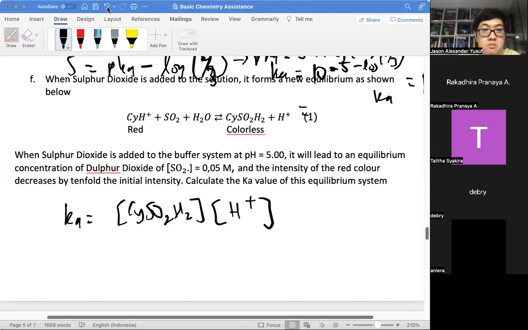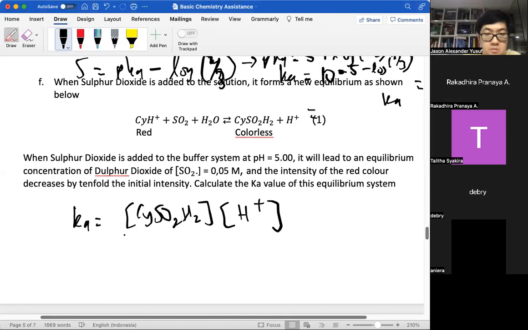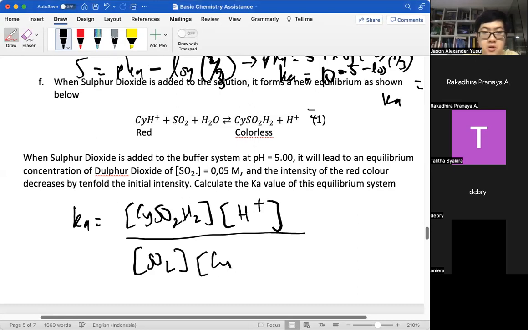Okay. And as I've mentioned before, H2O is not involved if we're dealing with concentrations. So yeah, this will be the formula. And now pay attention to this sentence. The intensity of the red color decreases by tenfold the initial intensity.